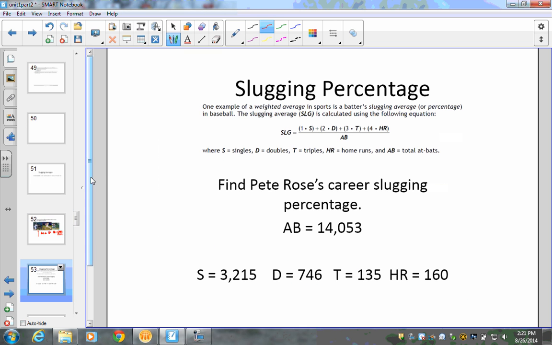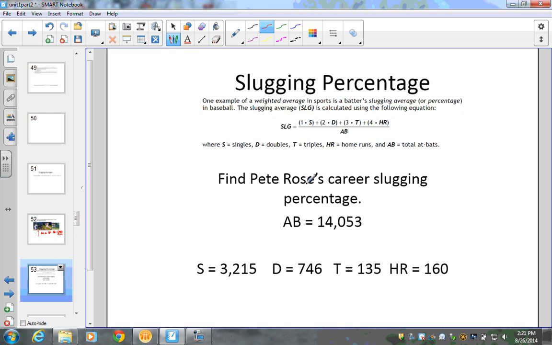What we're going to do is figure out Pete Rose's career slugging. Now these are singles, the S is singles, the D is doubles, triples, and then lastly home runs. In order to level the playing field, so to speak, a home run is worth more than a single. So when you're figuring out this information, you have to put in a multiplier to level everything out, meaning how can we put home runs and singles on the same category.